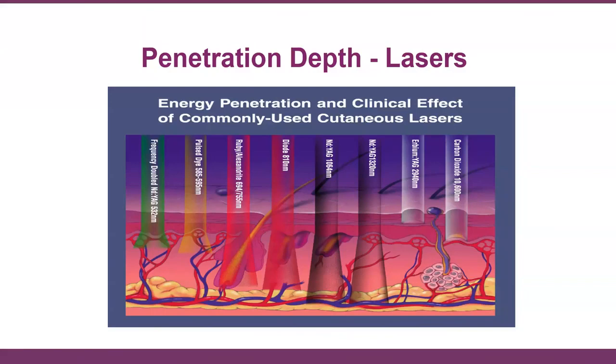And the reason for this is both of these wavelengths absorb very strongly into water. Obviously, cells are comprised primarily of water, so as these two lasers are fired into the tissue, that water within the cells is absorbing all of the energy, so you don't get anywhere near the same depth of penetration that you do with the other lasers.